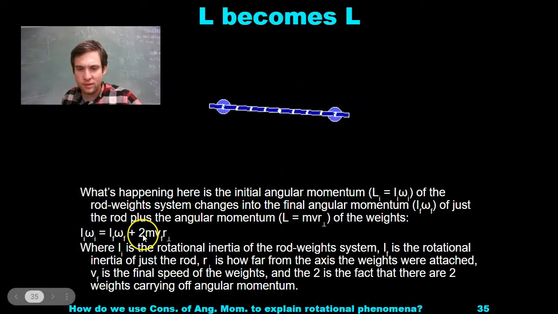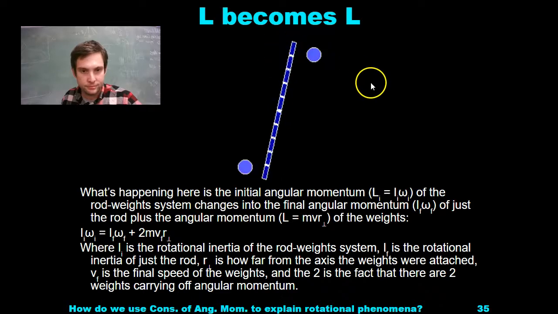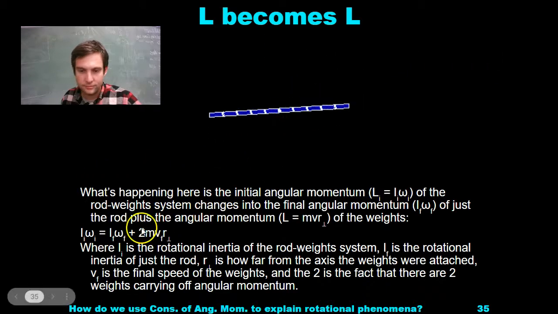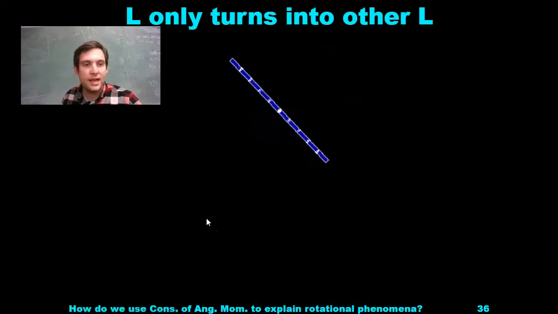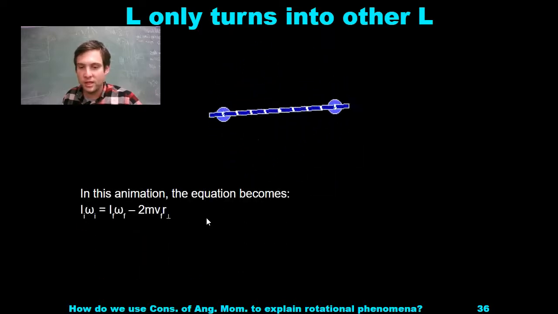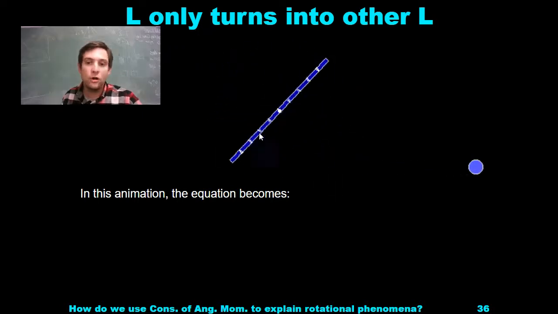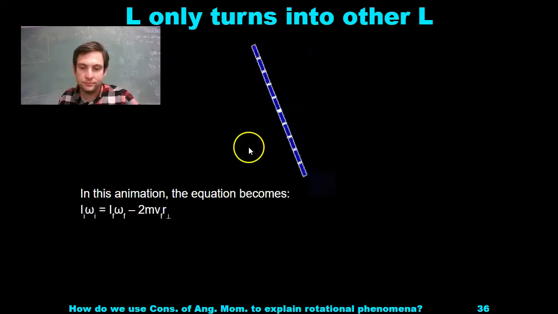The 2 is here because there are two weights carrying off angular momentum. That's why. L only turns into other L.